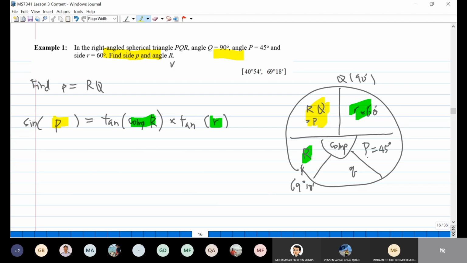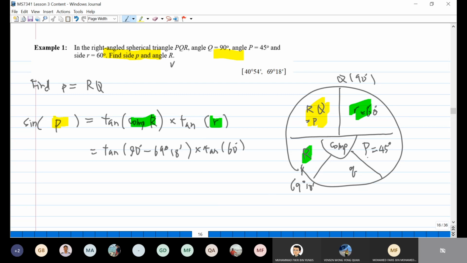Tangent of the complement of r is tangent of 90 minus 69 degrees 18 minutes, times tangent of, comma means 90 minus r. R is 69 degrees 18 minutes here. Tangent of 60 degrees.